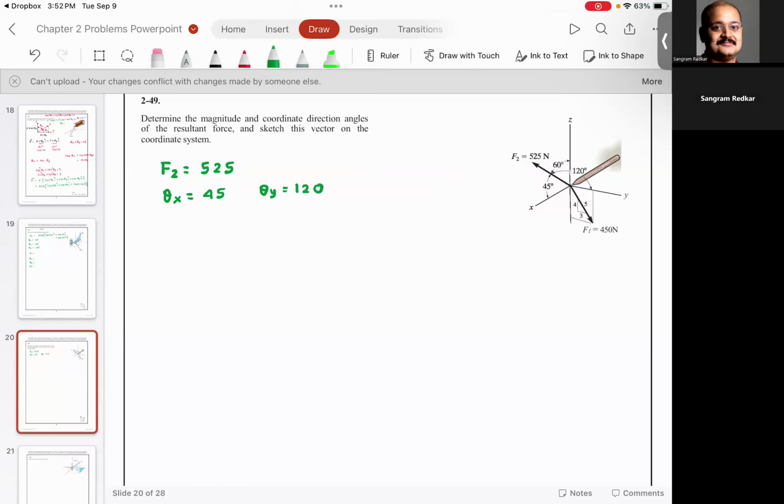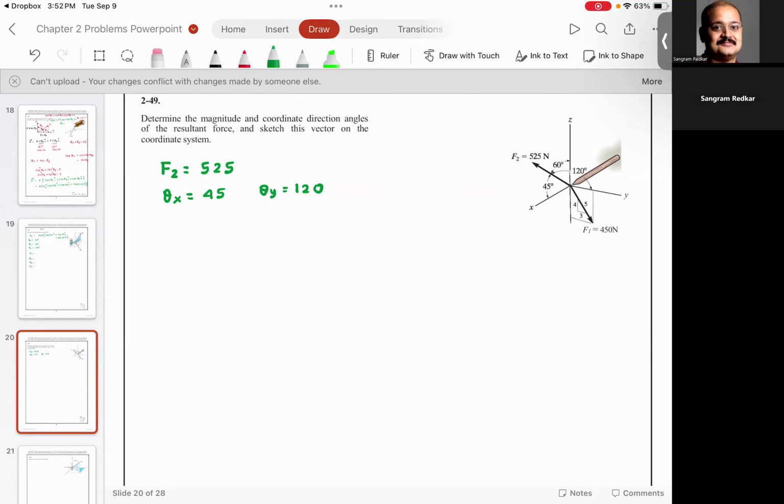Now, a word of caution. Whenever you are measuring the angles, they should be with respect to positive x, positive y, and positive z. You should not go the other way. So can you see that theta x, theta y, and theta z, all these angles are with respect to the positive coordinate system, x, y, z, the right hand coordinate system.